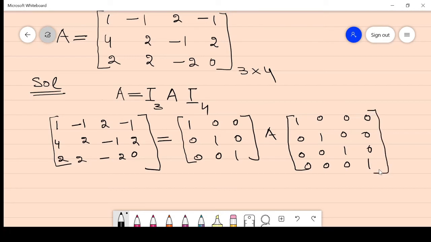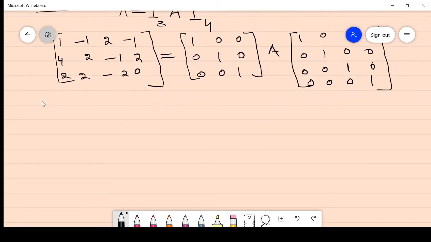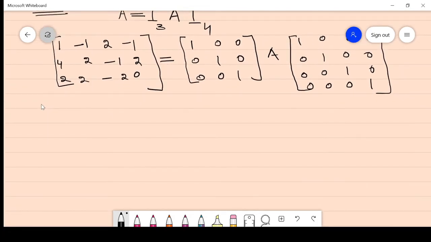Now again my purpose is to convert the left hand side into normal form. When we apply a row operation, it will affect the first matrix. When we apply a column operation, it will affect the post identity matrix.